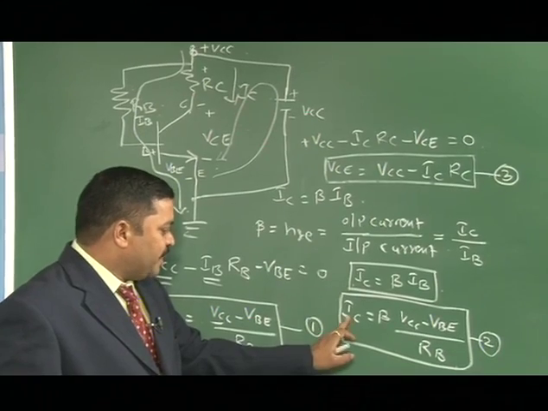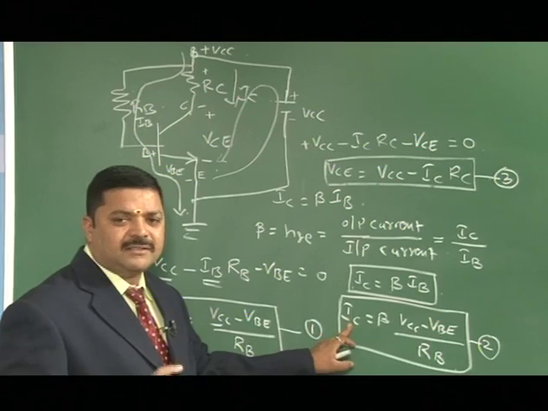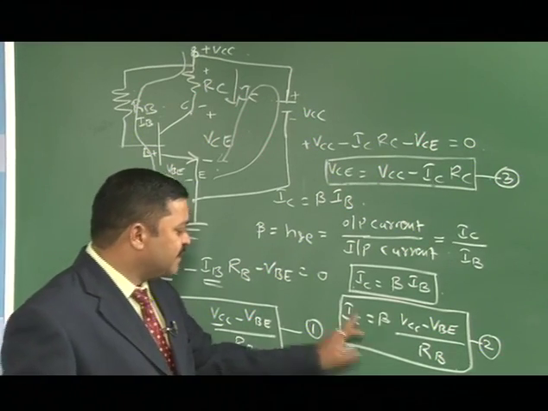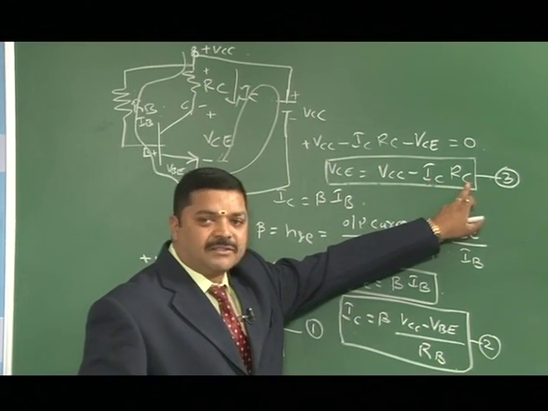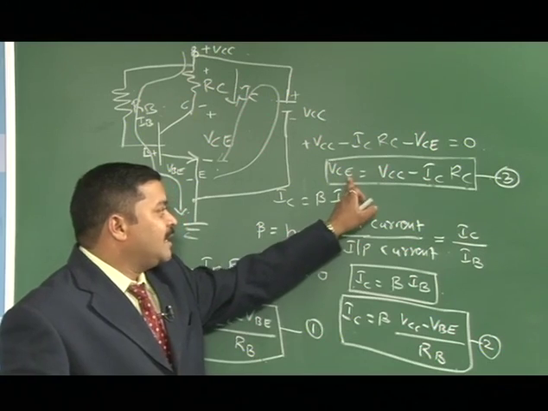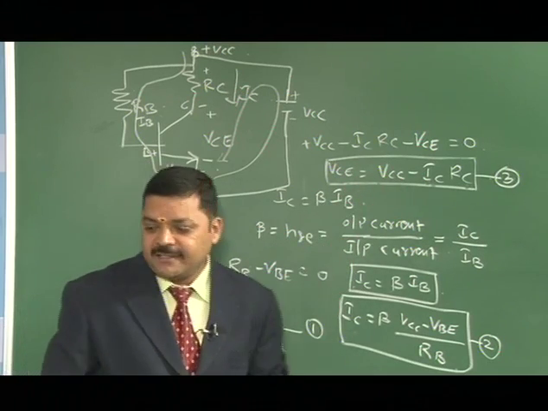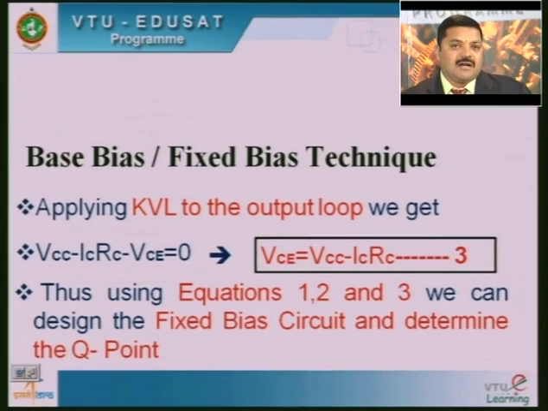As we have proved from equation 2, IC is constant, maybe with some small variation. Since IC is constant, RC is fixed and VCC is fixed, VCE is also fixed. Therefore IC and VCE are both fixed, and we achieve a constant, stable operating point at the center of the active region, which will not be affected.